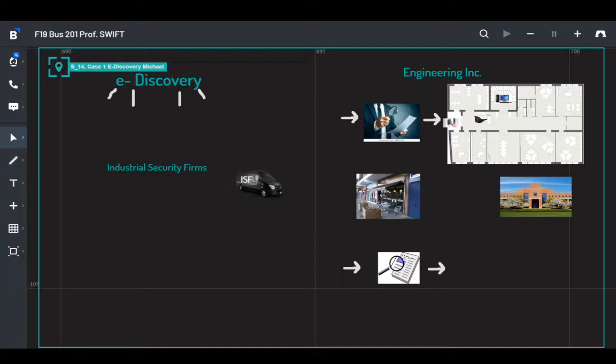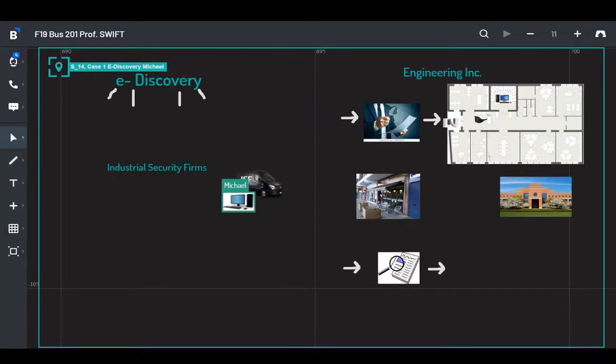So the first thing to know is the discovery process. The discovery process is obtaining any information that is related to a legal case. Traditionally, this would include papers, filing papers, work documents, personal letters, etc. When we're specifically talking about e-discovery, we are talking about obtaining electronic information that relates to a legal case.